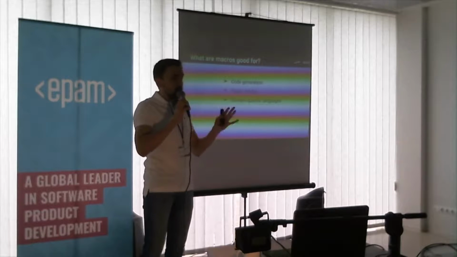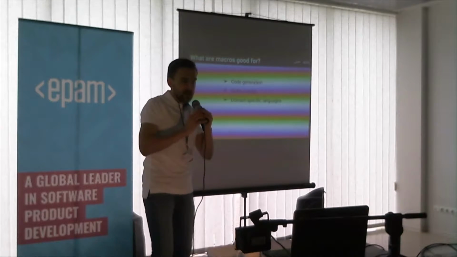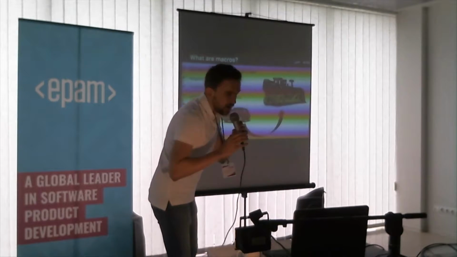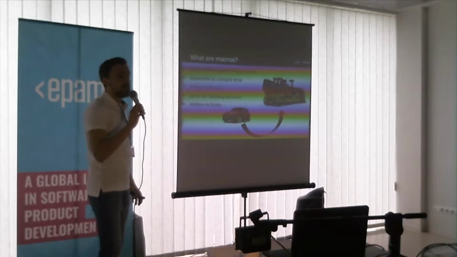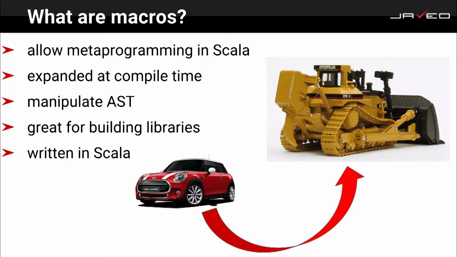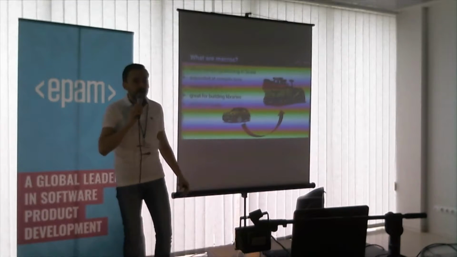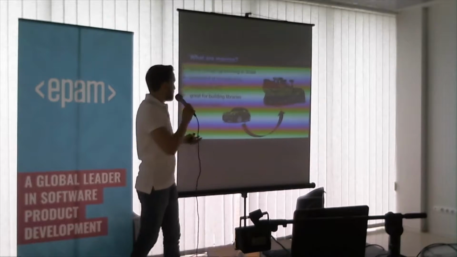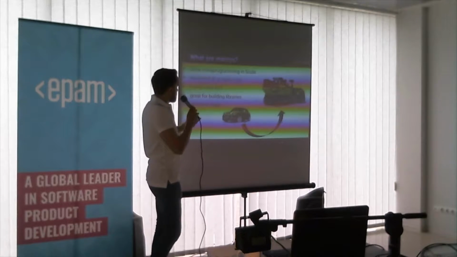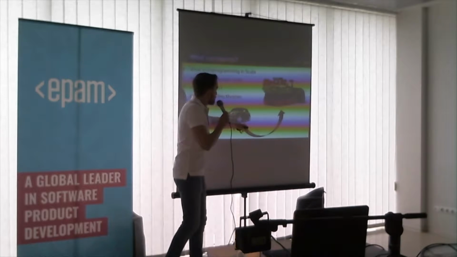So now we've got a little idea what they are good for, so let's go a little bit deeper. I have included here some bullet points about Scala macros, just to give you a bigger perspective. What are macros? What are the key features? They allow metaprogramming in Scala. And what's metaprogramming? The effect of metaprogramming might look like this.